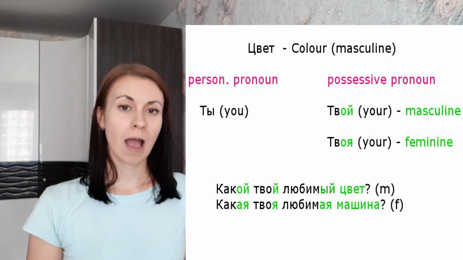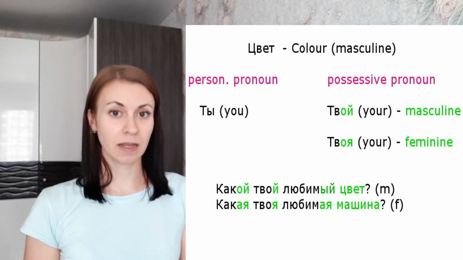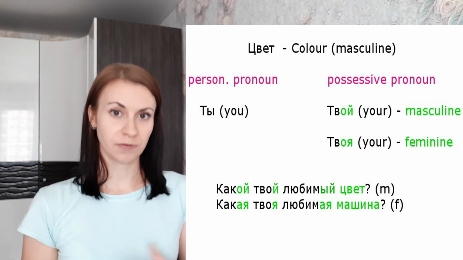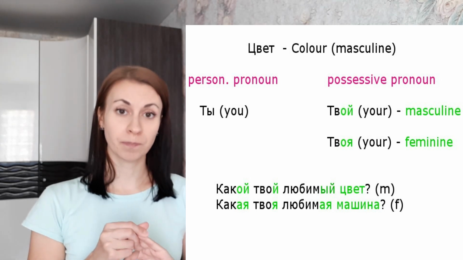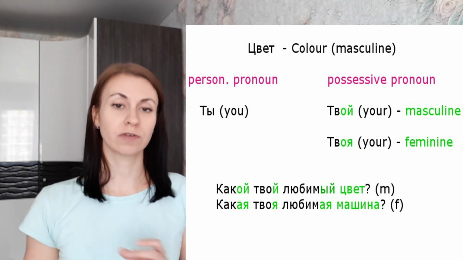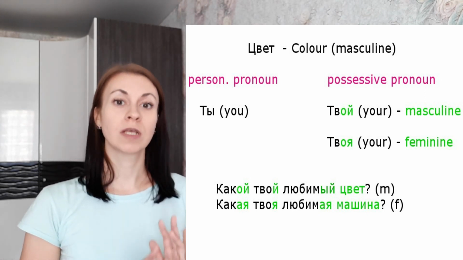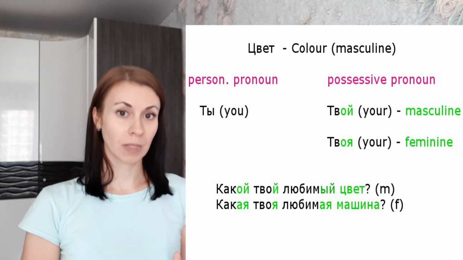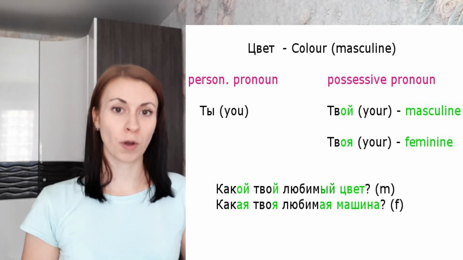Okay, I just want you to understand, so let's make a question with a feminine word. For example, машина, a car. Since машина is feminine, we are going to change again 3 words to ask the same question. What is your favorite car? So instead of какой, we will use какая. Instead of твой, we will use твоя.